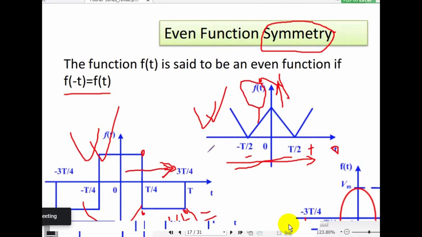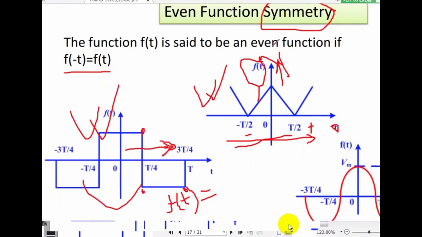So the symmetric distance, that means t value should be same in both sides, left side or right side. Wherever you take t, both side t should be in same value. That's why it is called symmetry.